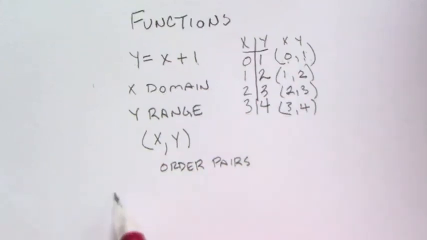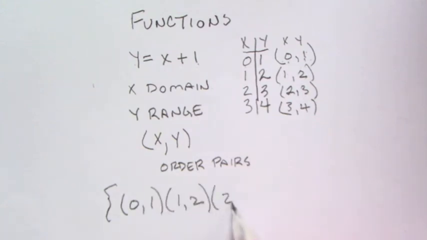If somebody gives us a set notation, this is called set notation, and we have ordered pairs in here, like this, here's all these ordered pairs. Somewhere there's an equation that generated these ordered pairs. Now, the question is, is this a function?